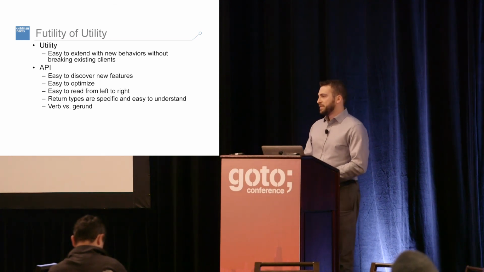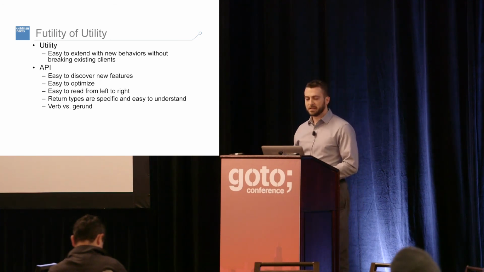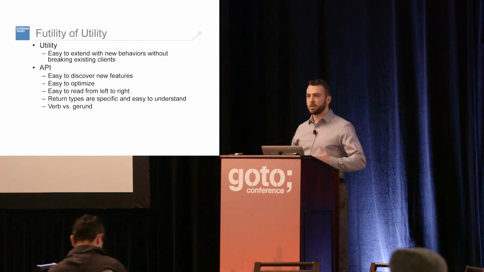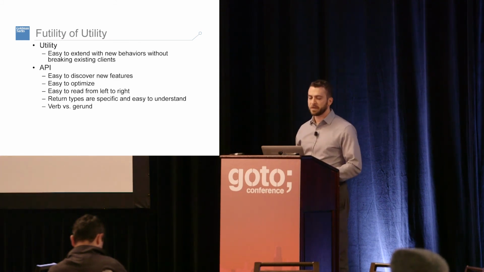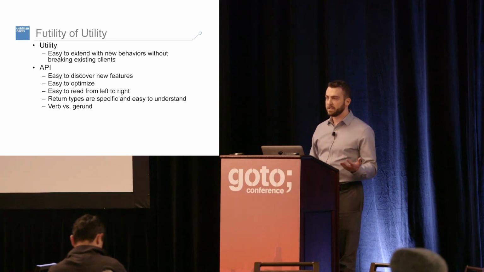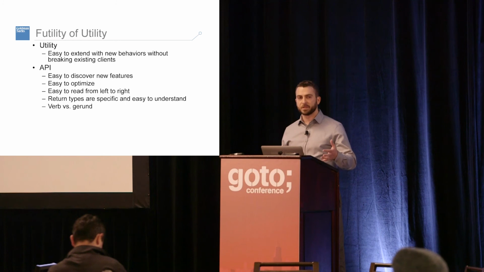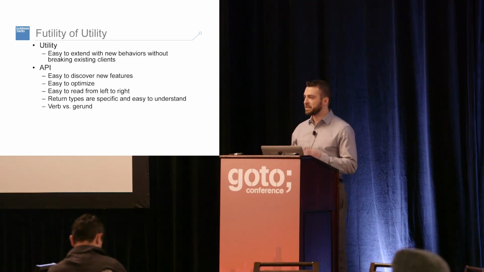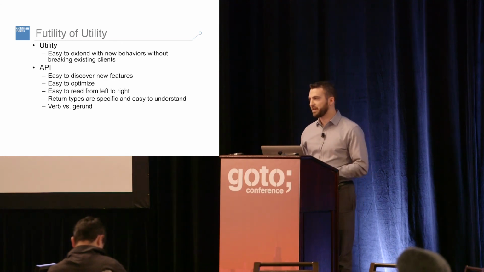In GS Collections, we discovered a long time ago the futility of utility when it comes to learning. The only way you know about a new static utility is by reading about it or seeing a presentation about it, but it's not discoverable in your IDE. Adding a new method onto an existing interface is much more learnable because you just type dot and press control space in your IDE and it'll show you all the methods that are available to you. There are other advantages of writing object-oriented code, which I don't even need to go into.